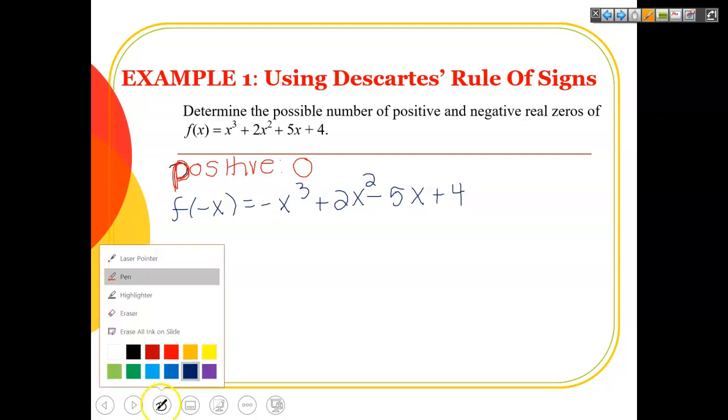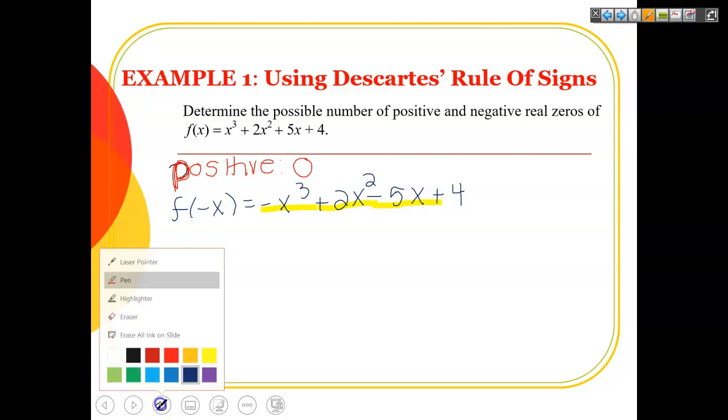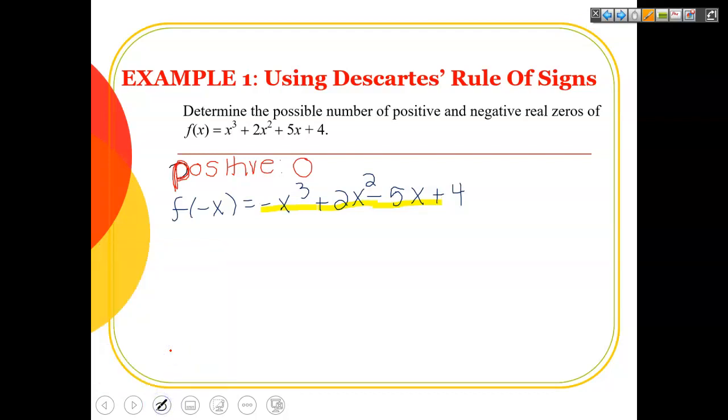Well, now I have 1, 2, 3 sign changes. So 3 sign changes tells me that I can have 3 or 1. I can't have 2 because of the way the imaginary have to come in pairs.